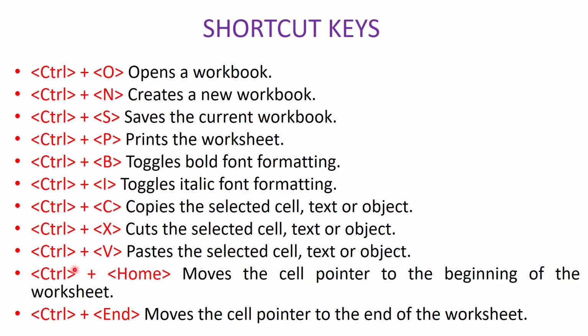And next, Control plus V helps to paste the selected cell, text, or object. And next is Control plus Home, which moves the cell pointer to the beginning of the worksheet. Next, Control plus End helps to move the cell pointer to the end of the worksheet.